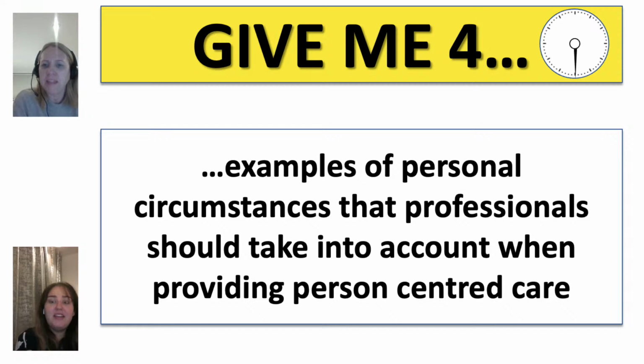Anything come up? Yeah, Lisa's put 2 really good ones in my opinion. She put if the person has a disability. So absolutely, if you've got a disability, and also flipping that on its head, what is their ability? What can they do? If they have people to support them at home, which is a really good one. Then we've got religious beliefs, mental health issues, physical disabilities, financial barriers, if they've got money.